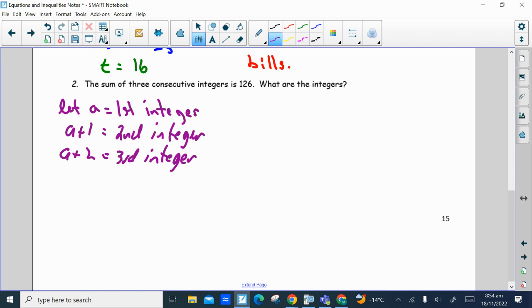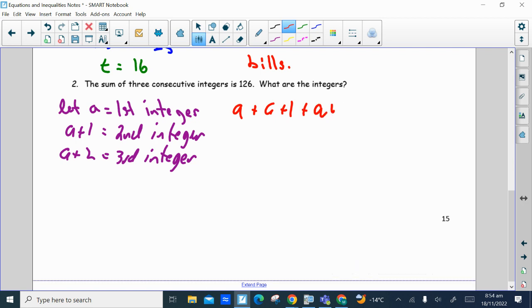What does sum mean, Brooklyn? What does the word sum mean? That's product. Yes, sum means to add. So if we add these three together, a plus 1, and a plus 2, what do they equal, Hannah?